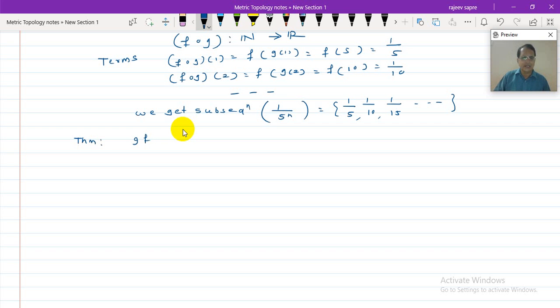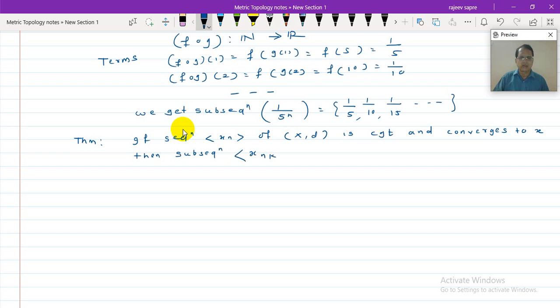If a sequence xn of a metric space (X, d) is convergent and converges to x, then the subsequence, say xnk, of xn is also convergent and converges to x.